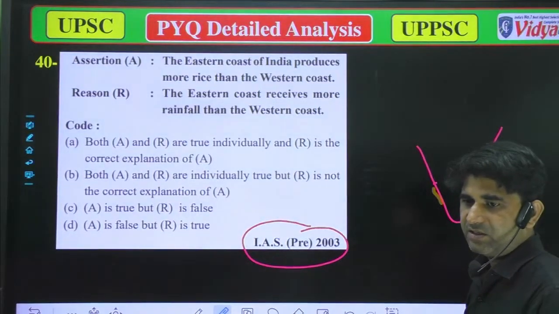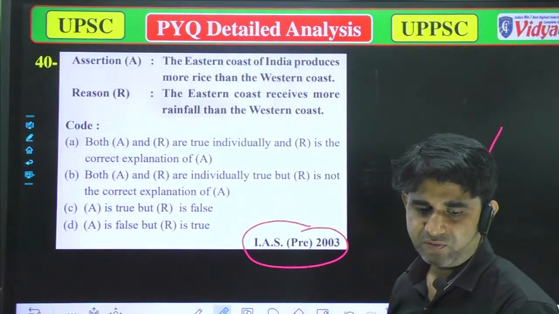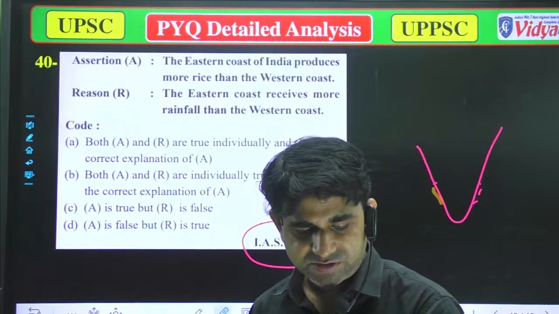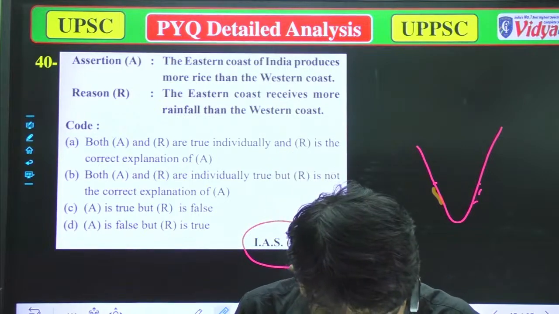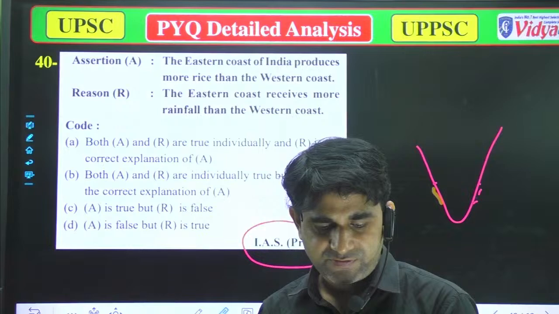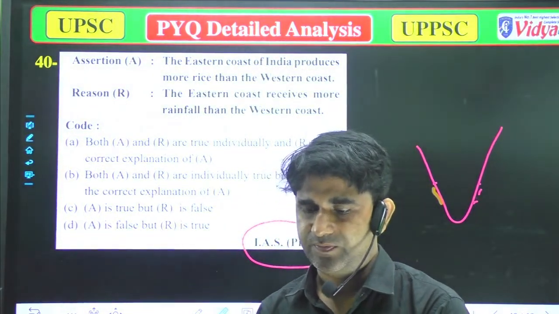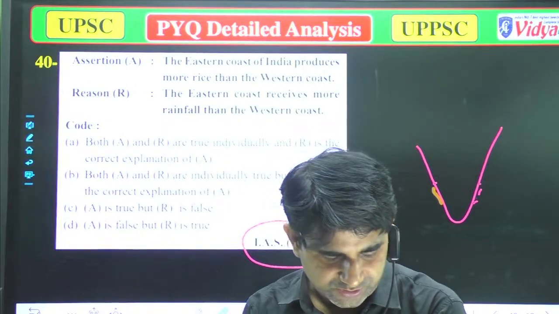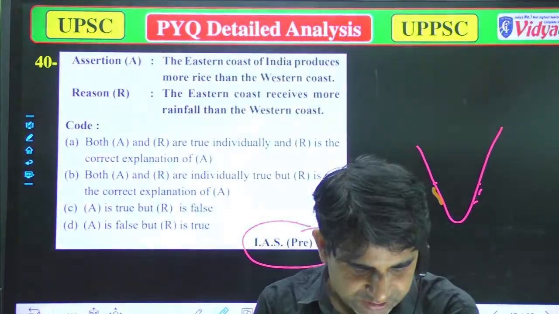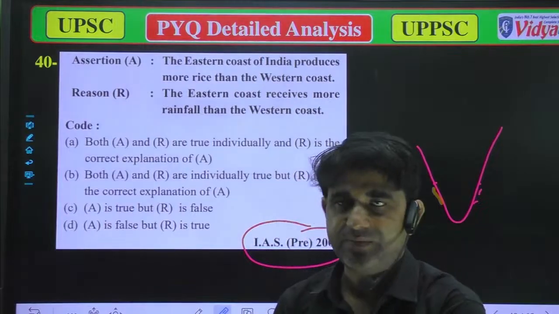The eastern coast will get more rain as compared to the western. So anyone who is live, please try to attend these questions. Cotton, sugarcane, banana was correct. Now CBI attitude is saying option B. It will take some time.